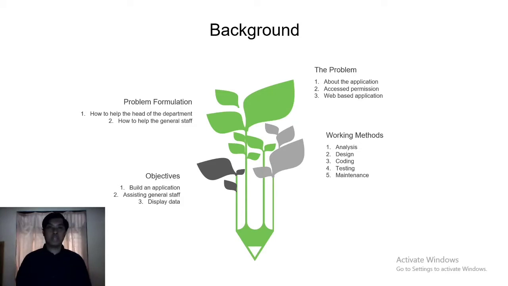In objective, there are build an application, assisting general staff, and display data. In the problem, there are the application, access permission, and web-based application. And in the working methods, there are analysis, design, coding, testing, and maintenance.